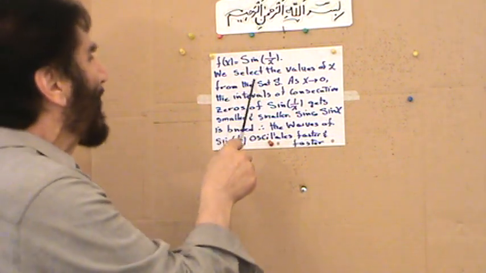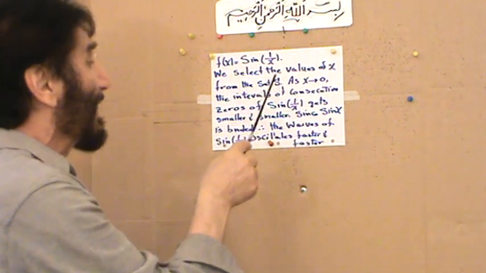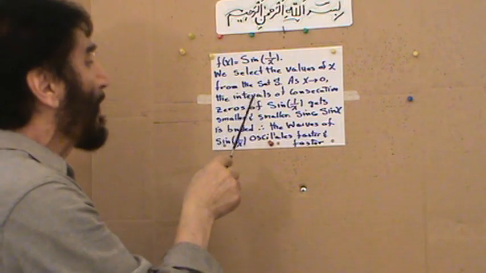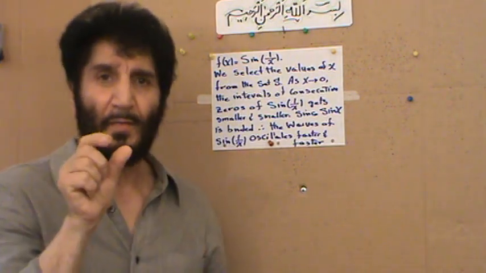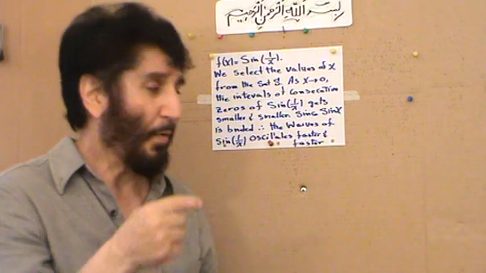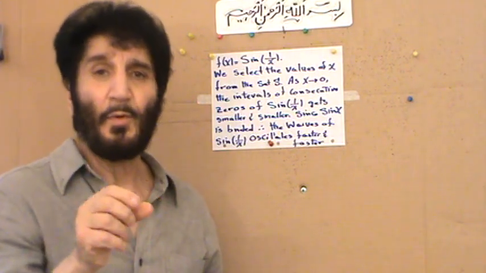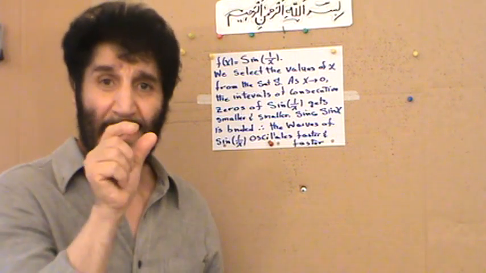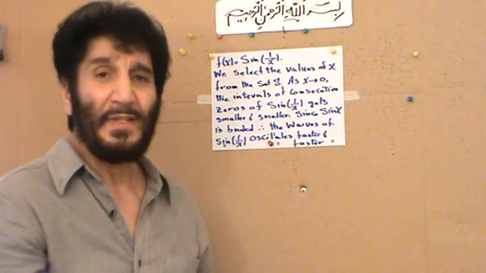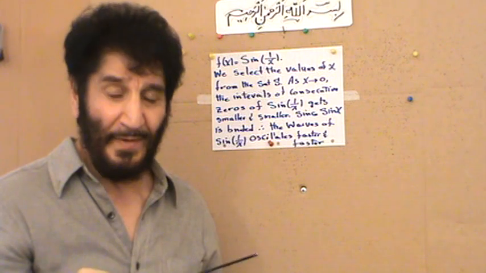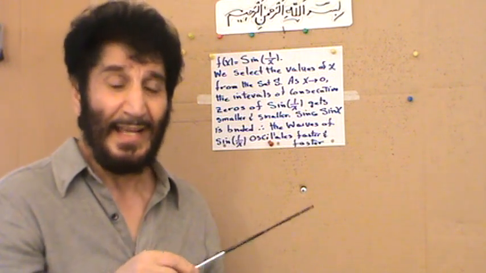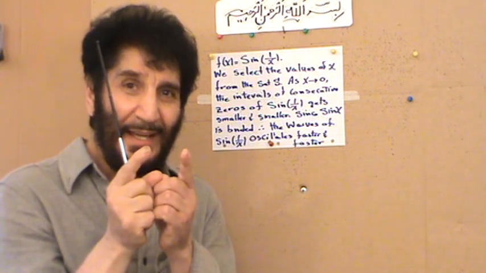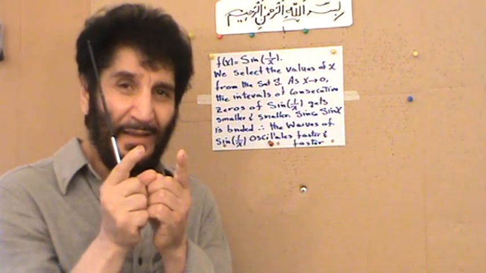Now, here, the selection of the values of x from the set S, as x approaches 0, the intervals were consecutive, is that right? The ones that I write, pi over 2, 2 pi over 2, 3 pi over 2, 4 pi over 2, 5 pi over 2. Now when we select our values from the set S, the length of those intervals starts to shrink. You will see that when I look at the graph of that.